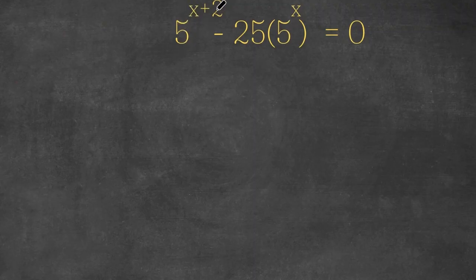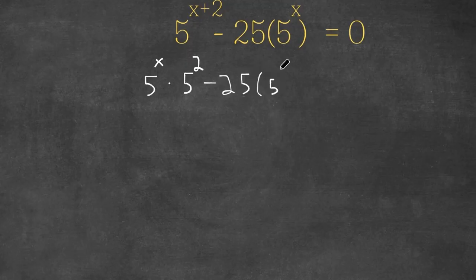And 5 to the power of x plus 2, we could rewrite this as 5 to the power of x times 5 to the power of 2. And let's just write minus 25 times 5 to the power of x equals 0.